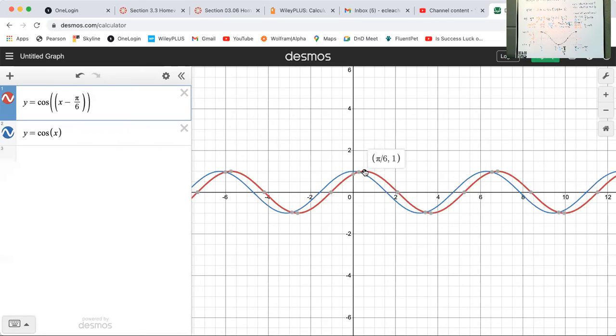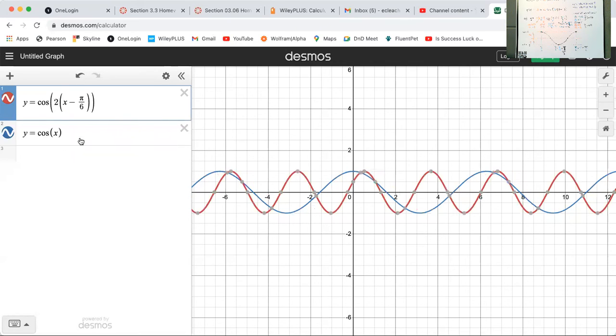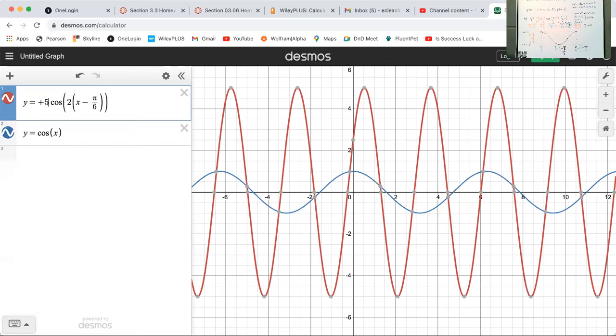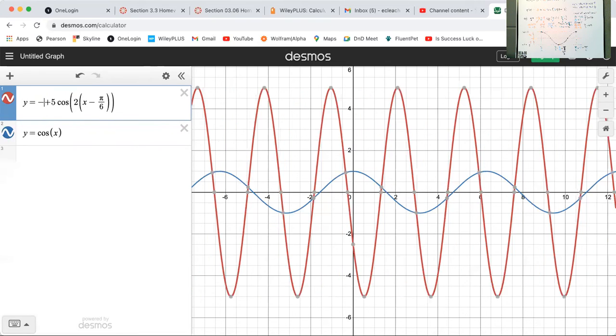A horizontal shift of pi over 6 units to the right moves the top to pi over 6. Then we compressed by multiplying by 2. Then we stretched the graph by multiplying by 5. And then we shifted the graph by subtracting 3.